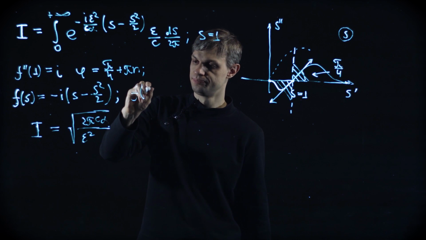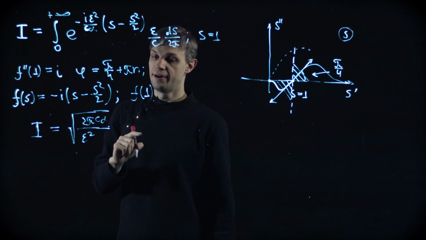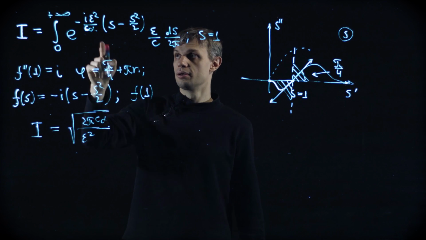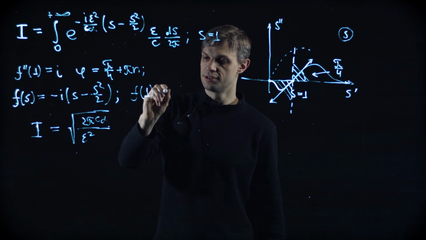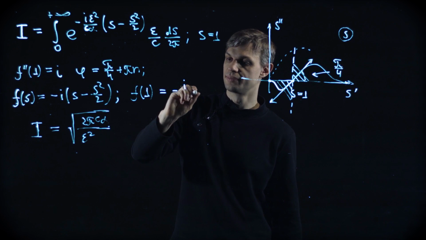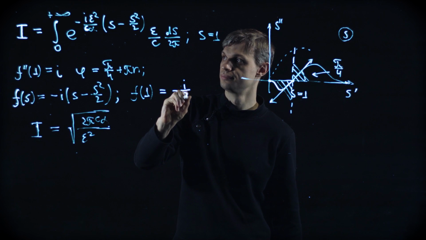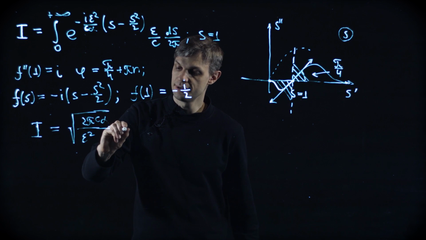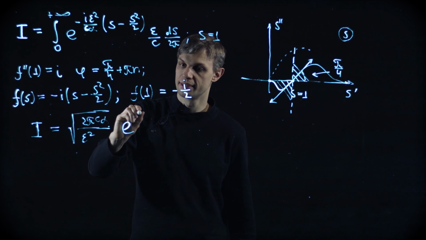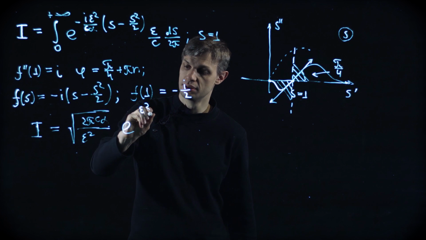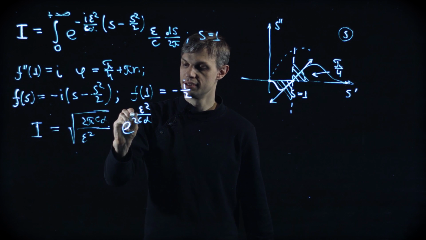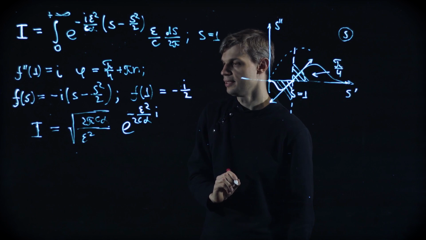So f of 1, the value of our f function at the saddle, is equal to 1 minus 1/2. It's 1/2 up to this negative i factor. So actually it's minus i by 2. And here is our answer. So the exponential, with lambda epsilon squared over C alpha, divided by 2 negative i, like that.